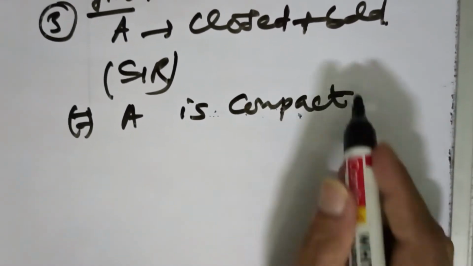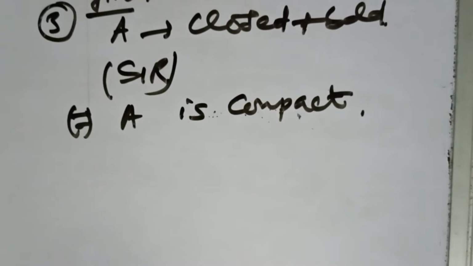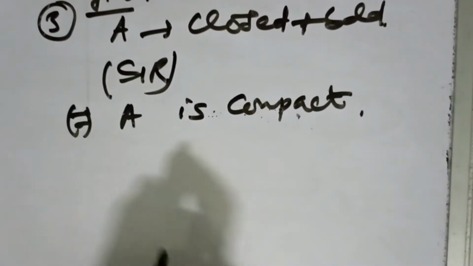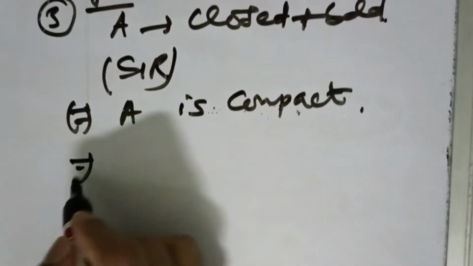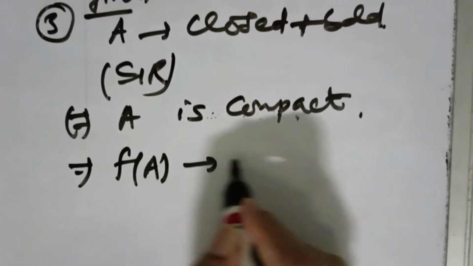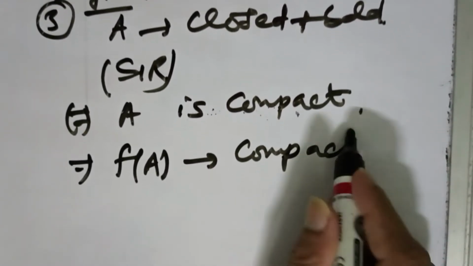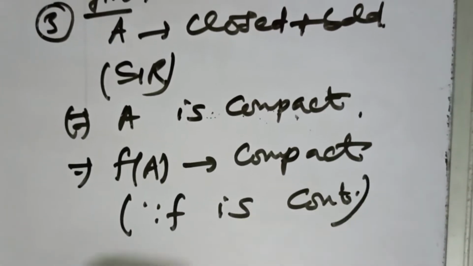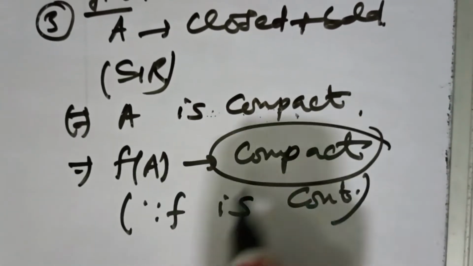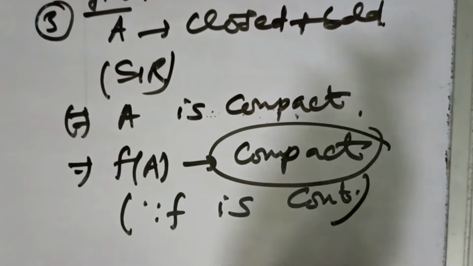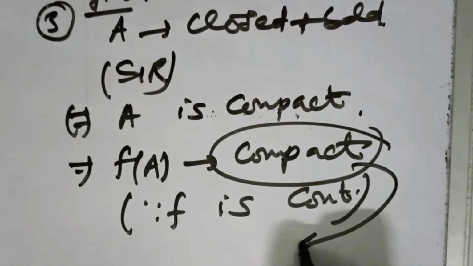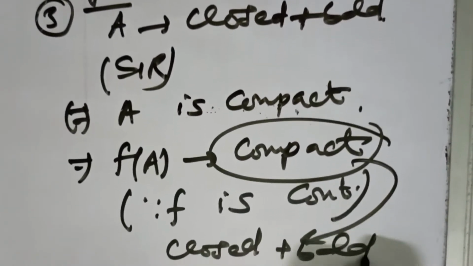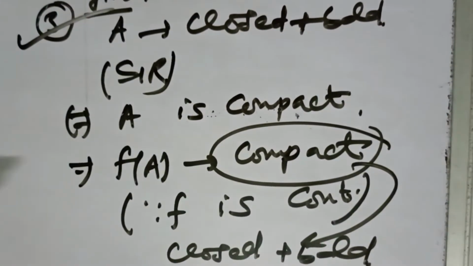It is given that f is a continuous function, and we all know the continuous image of a compact set is compact. So f(A) is compact. But we all know compact subsets are closed and bounded, so f(A) is closed and bounded also. So option 3 is correct.